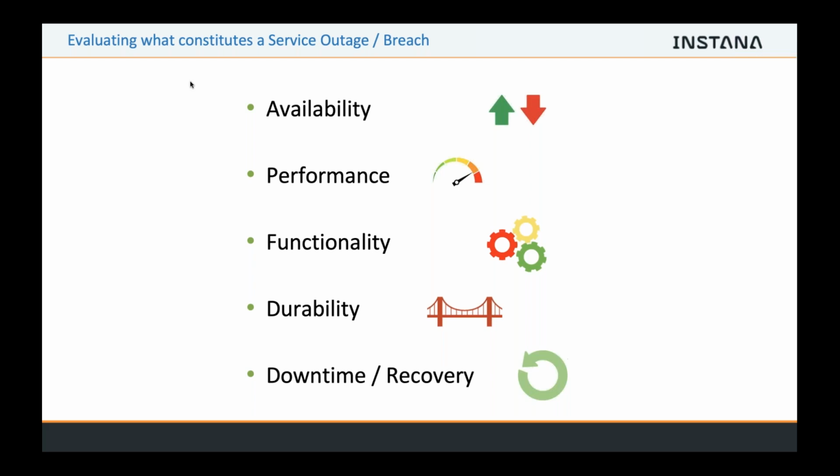At the end of the day, these are all attributes of availability, performance, functionality, durability, and I want to point this out, downtime can also be categorized as an attribute itself in a disaster recovery scenario. So for example, how fast can systems heal, what's the performance impact of a caching event, and so on. Each one of these can be how we constitute a service outage and how we understand what the breach of our SLA is.